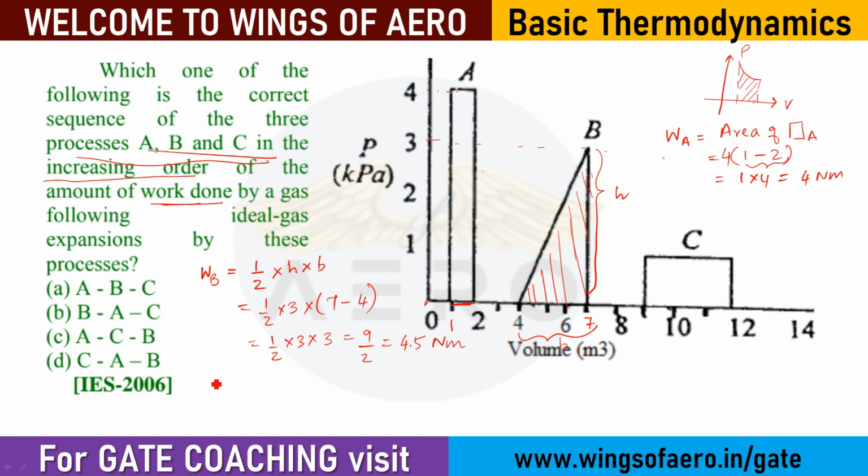Then C. C is again a kind of rectangular form, isn't it? So we are going to find the area of C. It is of length 1 into 12 minus 9, so you get 1 into 3, so 3 Newton meter.